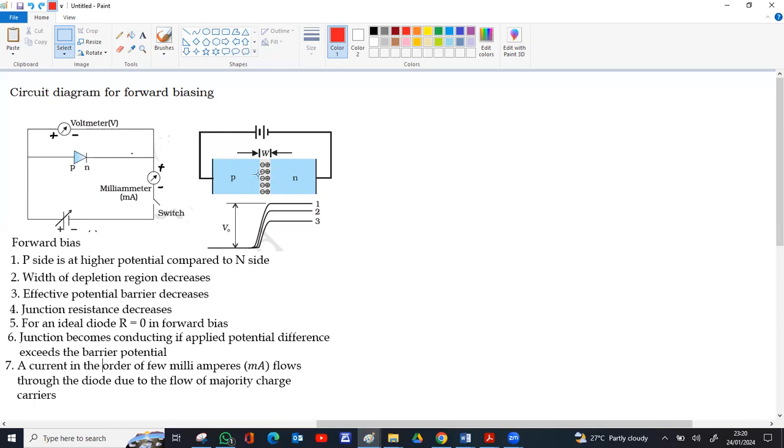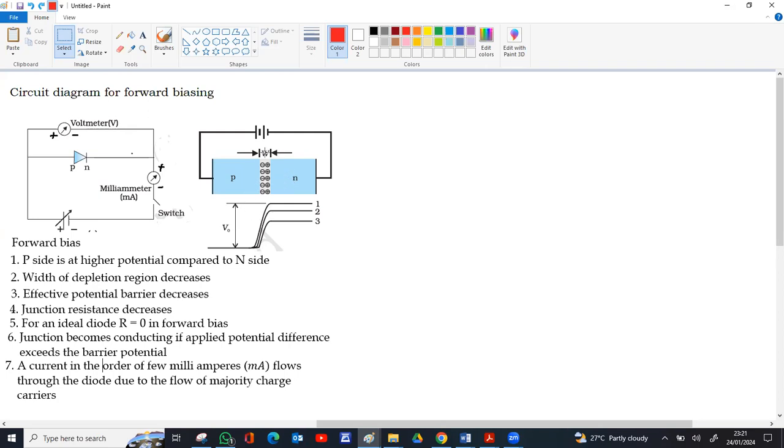Those holes are injected into the N region. In the same way, free electrons are the minority on the P side. From the N side, the battery will push the free electrons into the P side. So the minority carriers are injected into the P side. This is respectively called minority carrier injection from P to N and N to P.